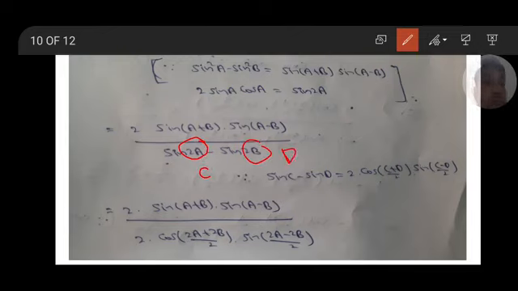So substitute the formula: the numerator is as it is, and the denominator is 2 into cos of 2a plus 2b by 2 into sin of 2a minus 2b by 2.